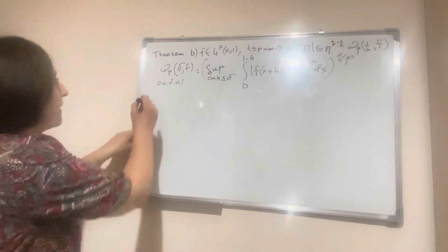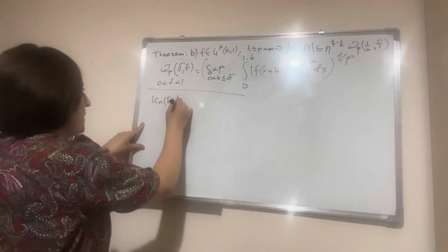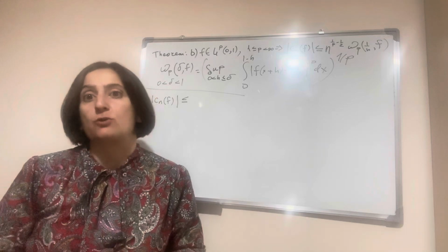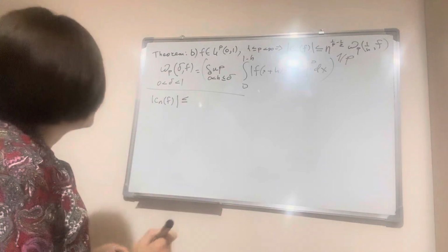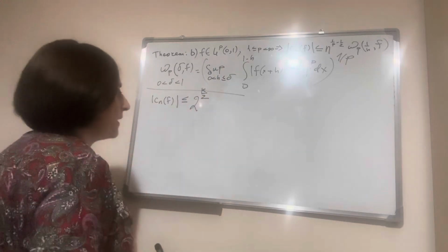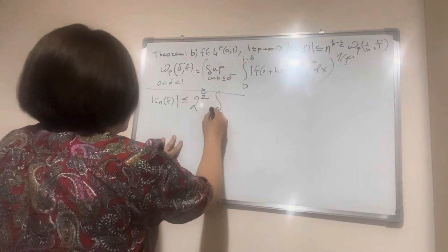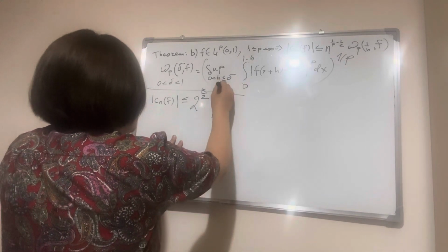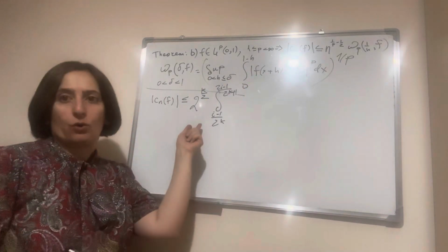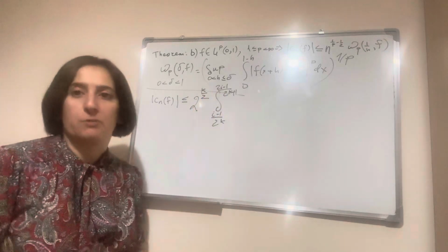Now let's prove the theorem. The absolute value of c_n(f), as we already saw when proving the first part of this theorem, is less than or equal to 2 raised to power k over 2 times the integral from (i minus 1) over 2^k to (2i minus 1) over 2^(k+1).